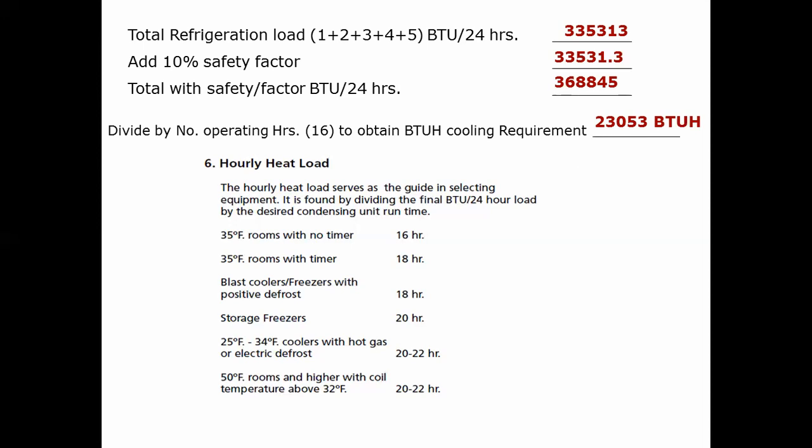Kindly write fast and let me know if this answer is correct. It's correct.